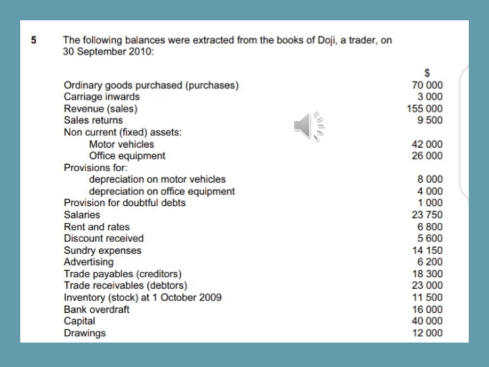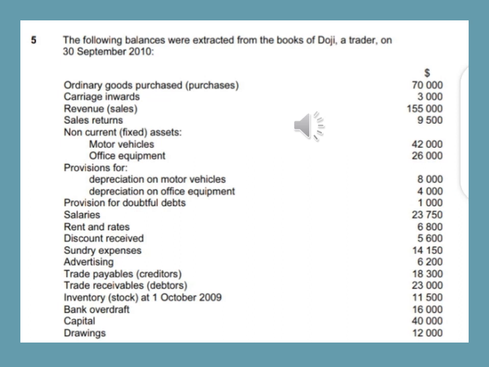The question that we have in front of us is not a very difficult one, and not a very easy one. It's a mediocre question. Let's read out this question. The following balances were extracted from the books of Doji, a trader, on 30th September 2010.